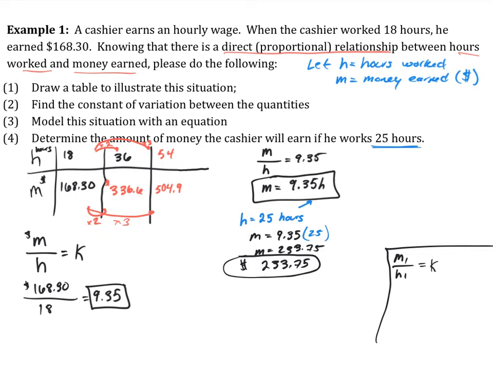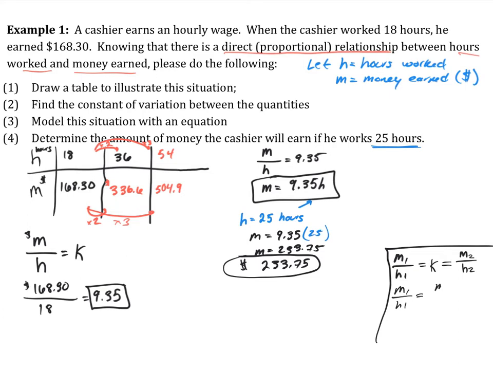But you also know that some other ratio of money earned divided by the respective number of hours worked will also reduce to that amount. This is just a proportion.